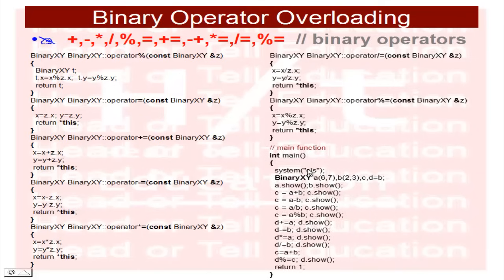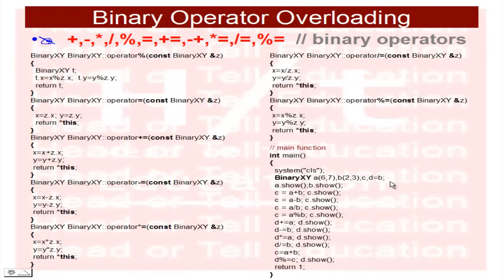So for this class, binary operators overloading, I have created the main function. Binary xy: I have created object a by default passing 6 7, object b by default passing 2 3, and object c just created, and here one more object d, which is assigned b.